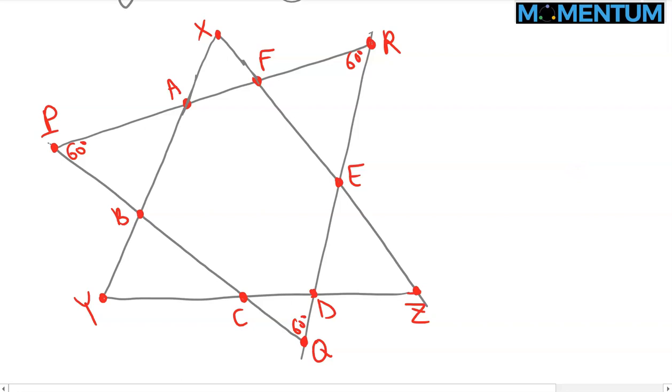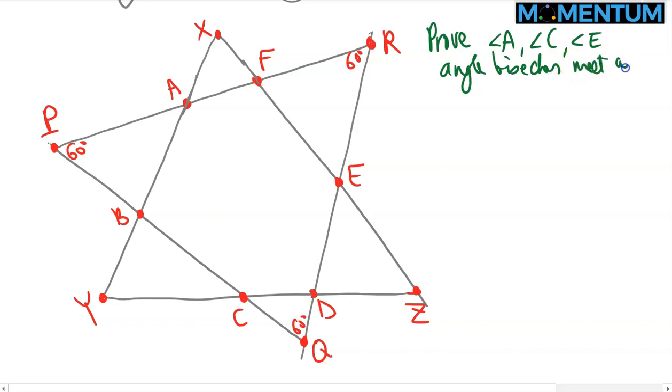then we can get something interesting. So let's first start with the hypothesis. Remember the thing that we are trying to prove, right? Prove that the intersection point of the angle bisectors of the A, C, and E angles, they meet at, say, P. Okay, so let's start with that.